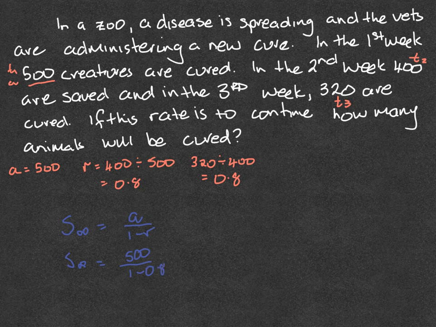So the sum to infinity is equal to 500 over 0.2, which equals 2,500. So what we could say in a sentence, 2,500 animals would be cured. And that's how you work out the problem.